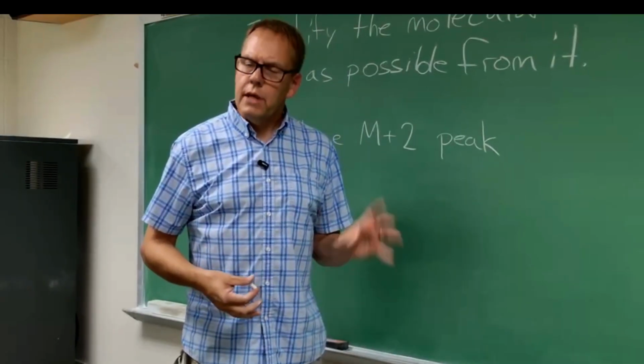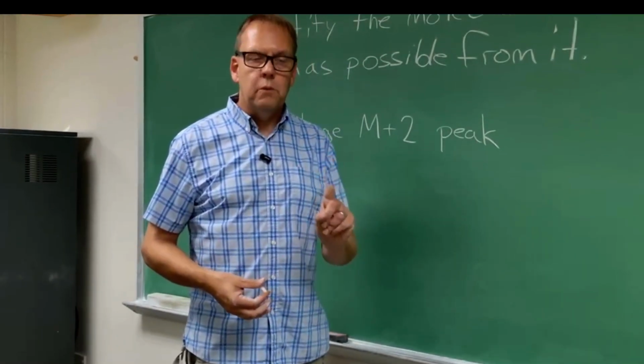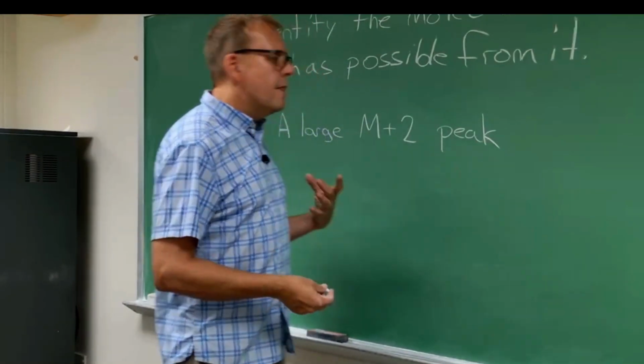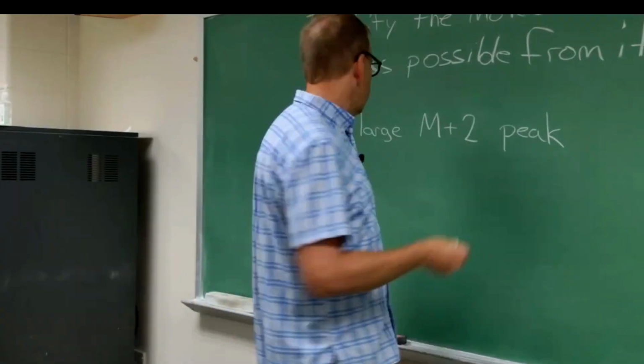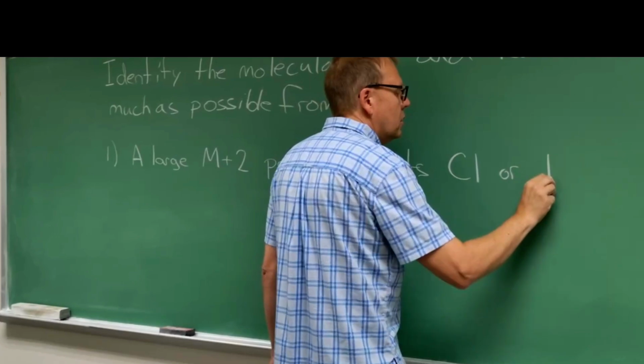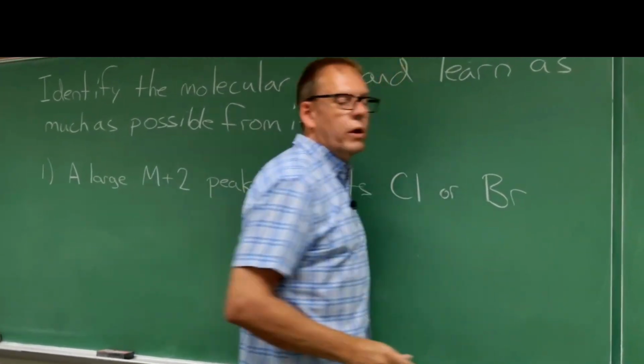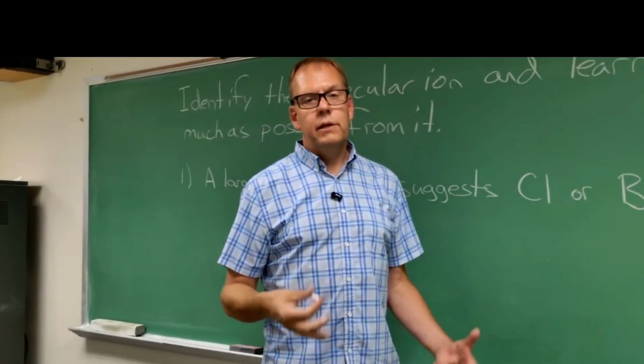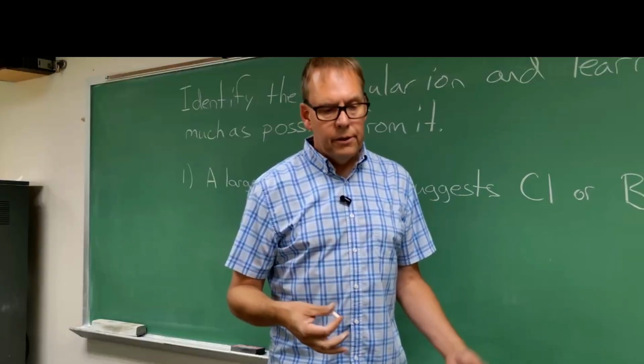If you see one of those, not an M+1 peak, which is only 1 mass unit higher, but 2 mass units higher, that suggests chlorine or bromine. One of those 2 atoms is likely present in the molecule if you have that pattern.